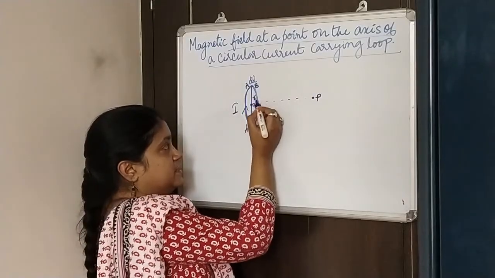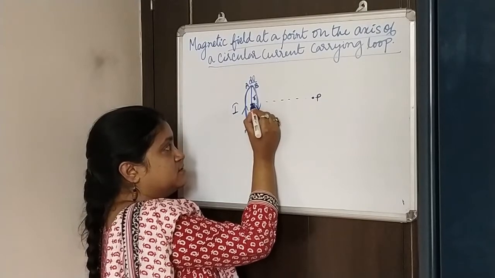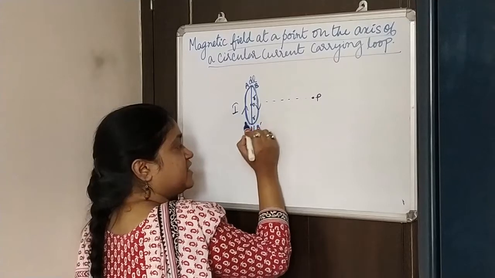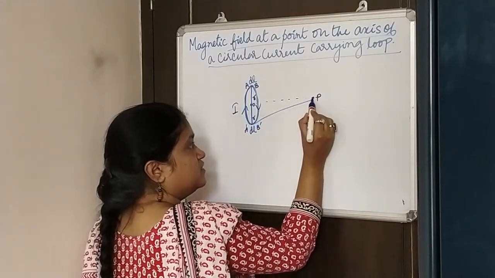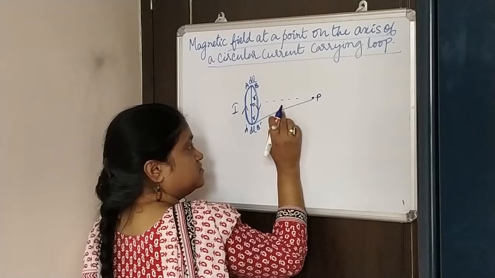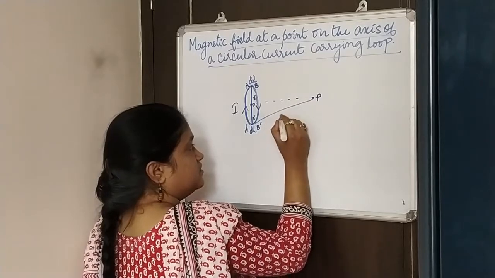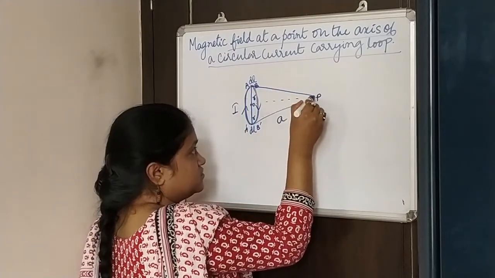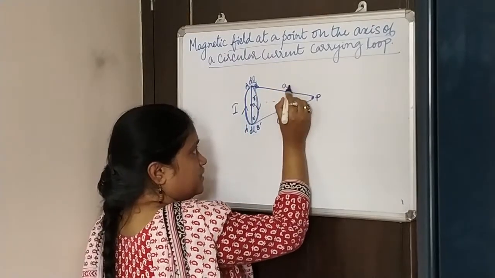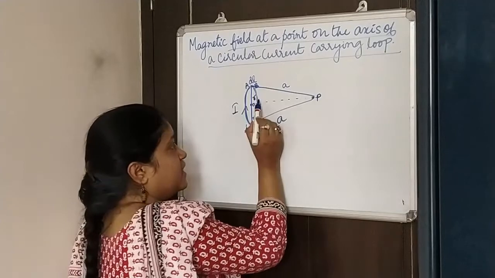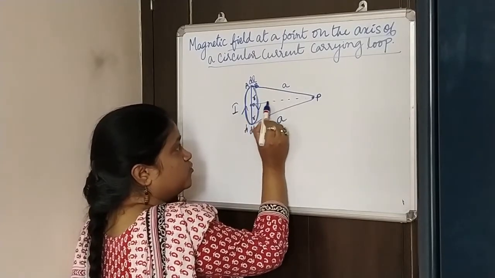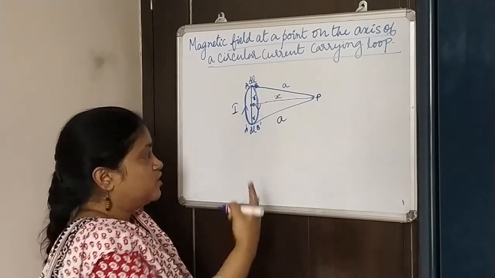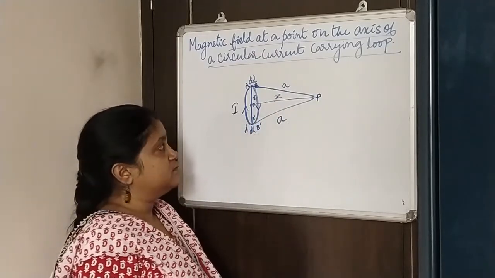So suppose this is the center O, and the distance from A dash B dash to P is A, and from here to here is also A, the same distance, and from O to P this distance is X. So now we start to calculate this.